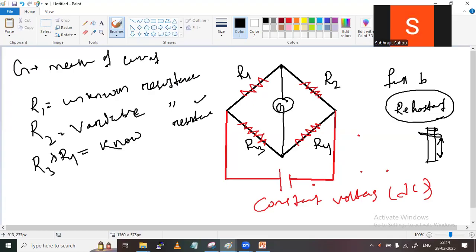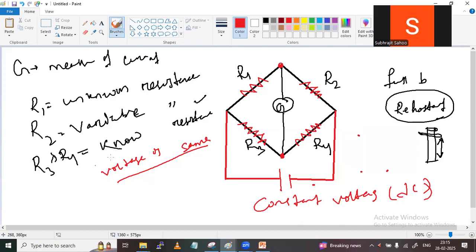Now assume several points here. The first case: the current supply starts, constant voltage. Now the current is passing here. Now at this point and at this point, assume first the voltage is the same. If the voltage is the same at this point and this point, that means there is no difference in voltage.